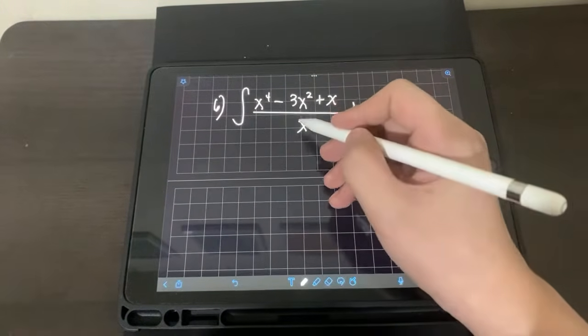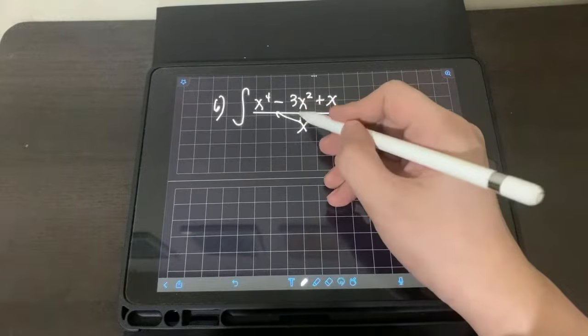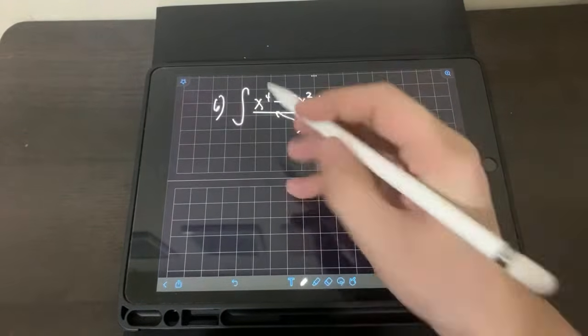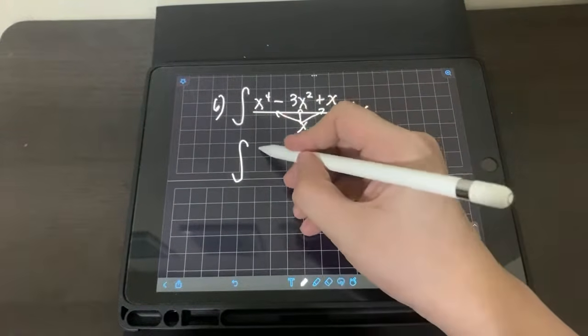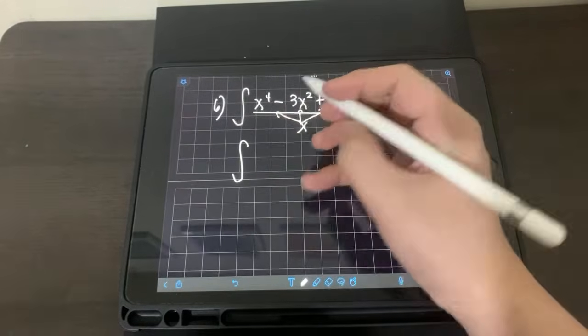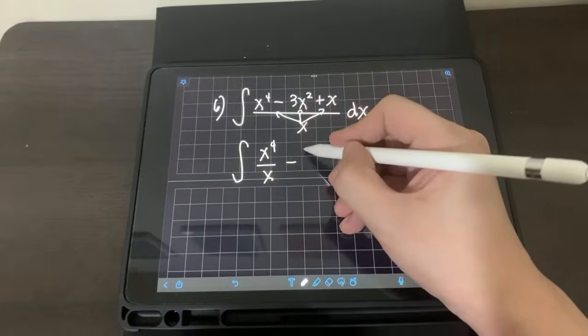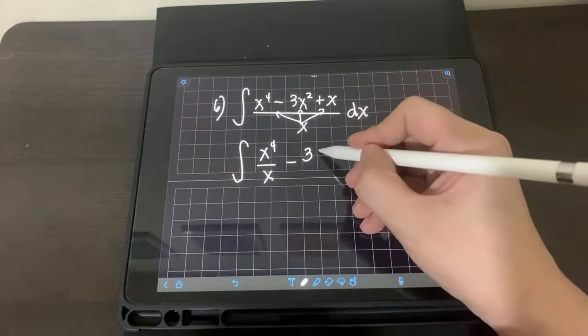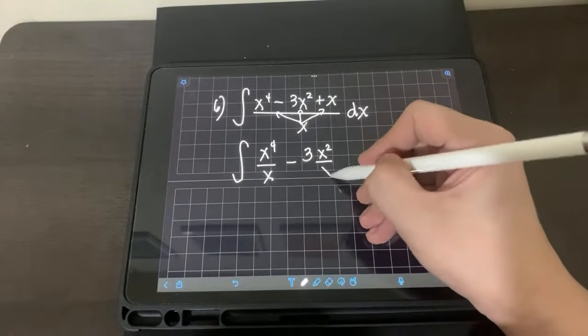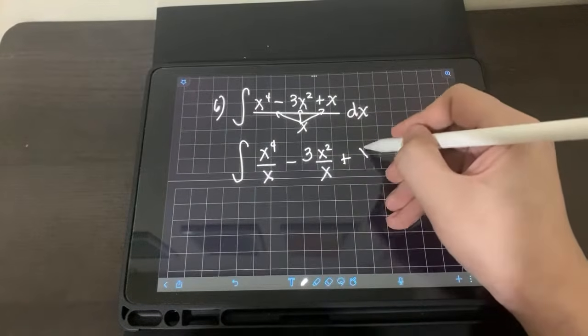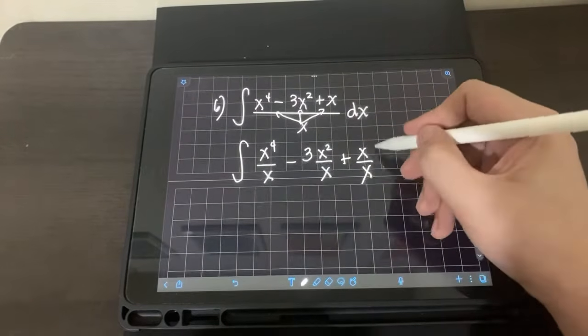So we can distribute the denominator x sa bawat term ng numerator. So we will have integral of x to the 4th divided by x minus 3x squared divided by x plus x divided by x.